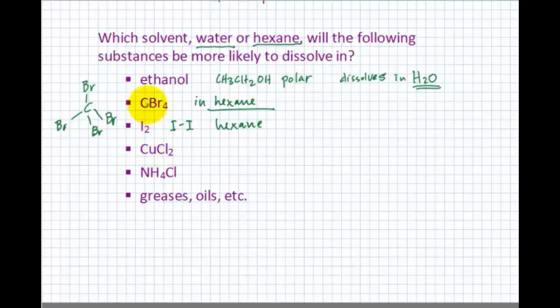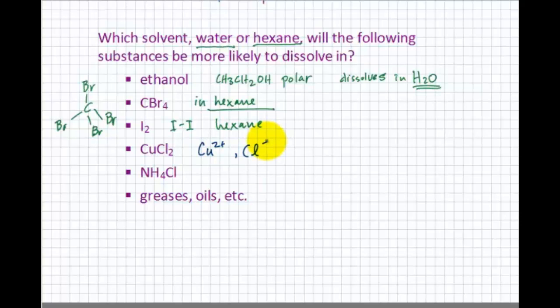CuCl2 is different from all these ones above it, right? Can you see why? Look at these elements, copper and chlorine. Copper is different. Copper is a metal. These ones are made out of only nonmetals. So CuCl2 is made out of copper 2+ ions. It's made out of chloride ions.